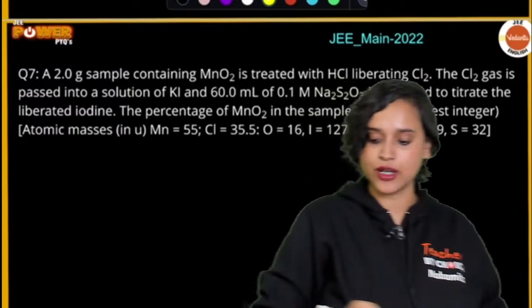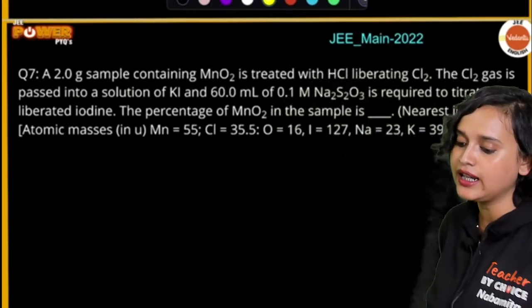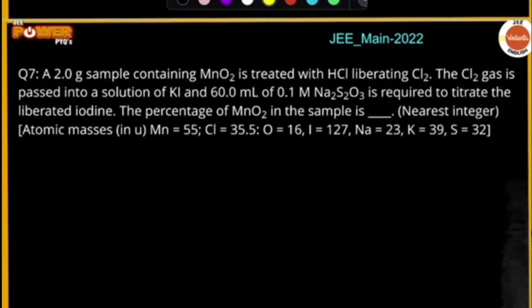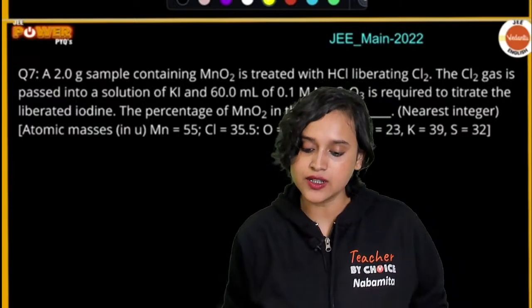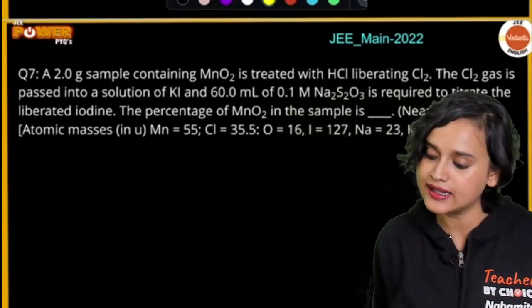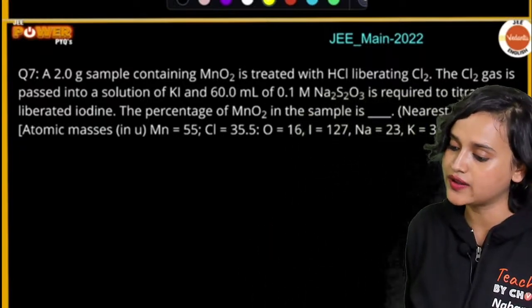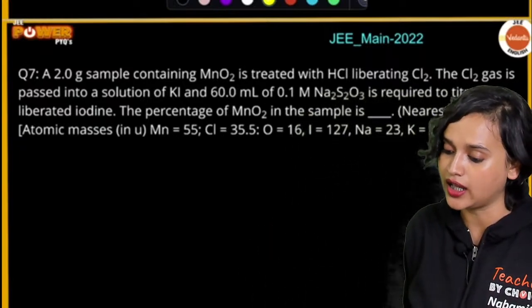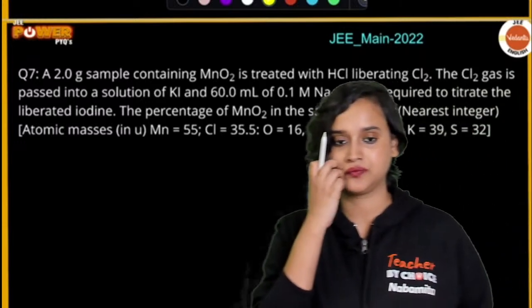Next question. A 2.0 gram sample containing MnO2 is treated with HCl liberating chlorine. The Cl2 gas is passed into a solution of KI and 60 ml of 0.1 molar Na2S2O3 is required to titrate the liberated iodine. The percentage of MnO2 in the sample is dash.